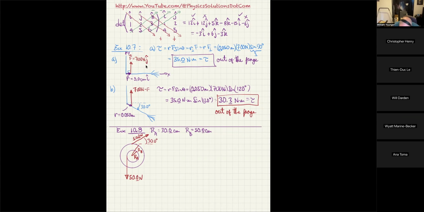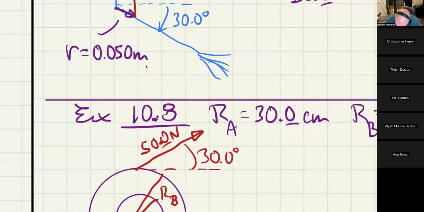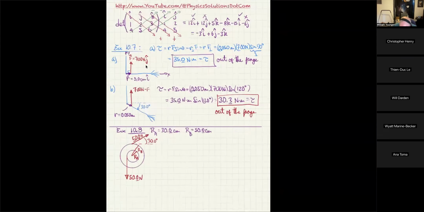That is supposed to read 30 degrees, even though my thick pencil ended up making it all connected and look bad. So there's 50.0 newtons like that.